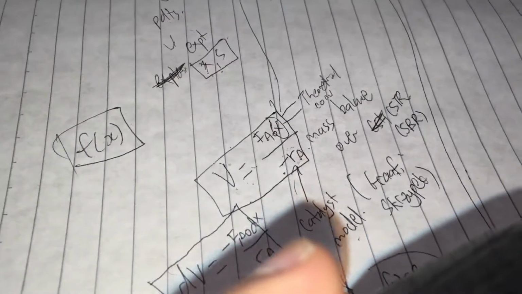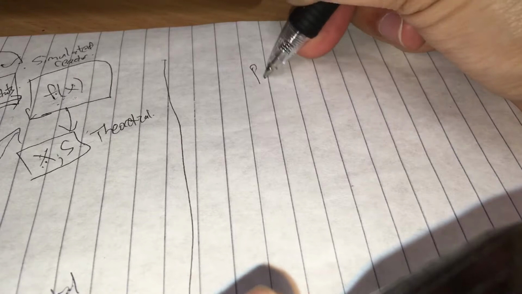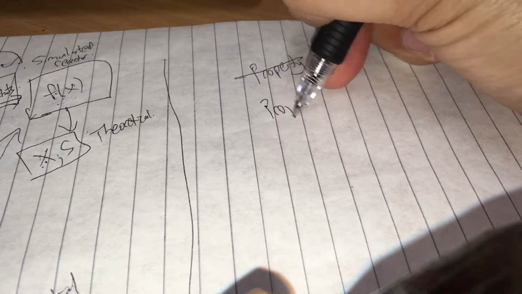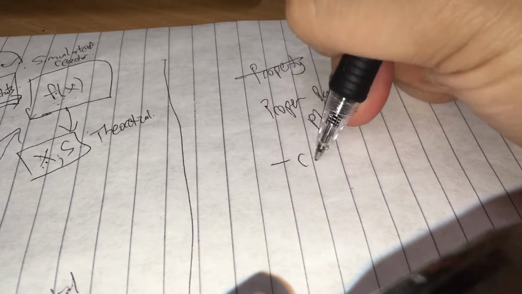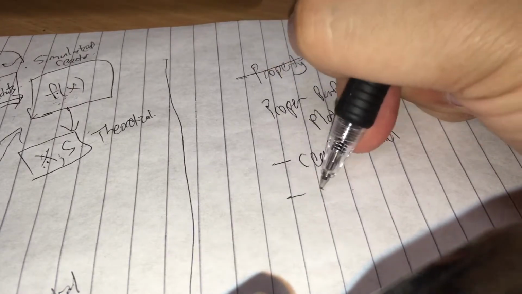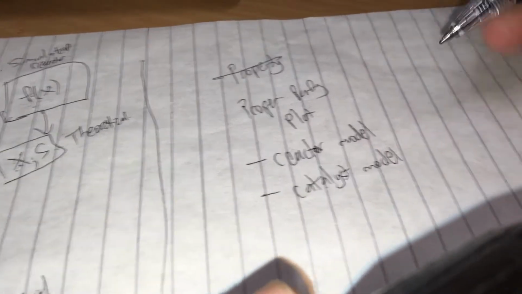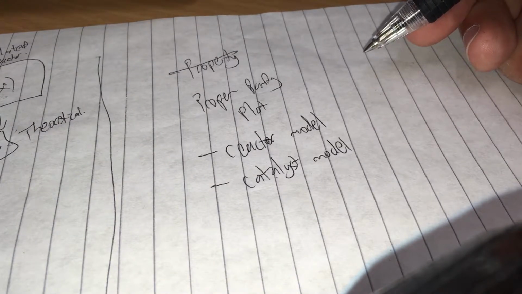Now, of course, if you want to produce a proper parity plot, this is just an overview. You need a proper reactor model, a proper catalyst model, and of course you will also need a thermodynamic model.